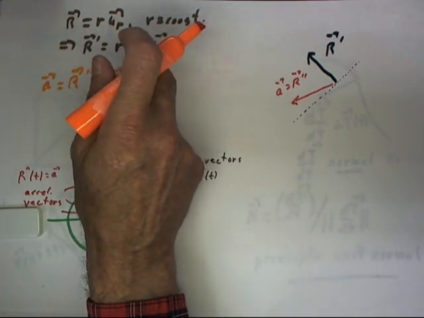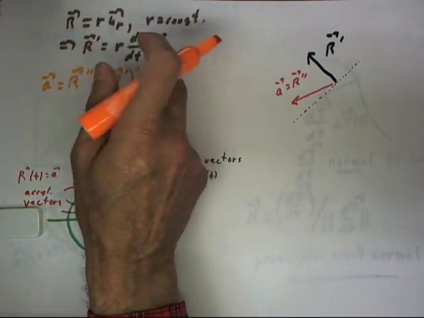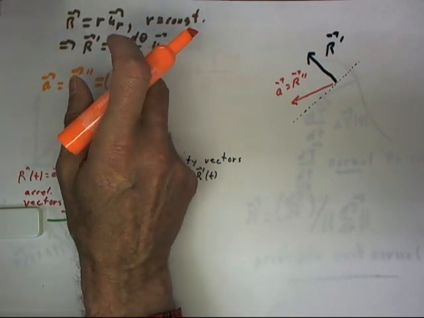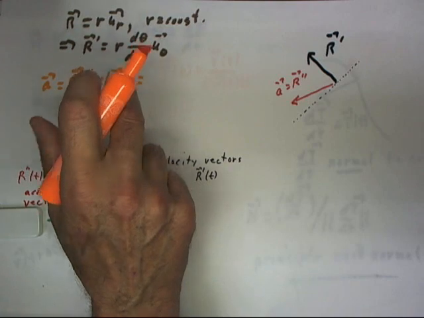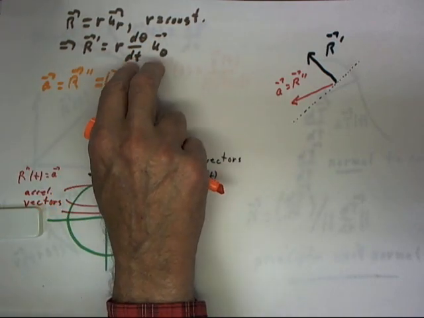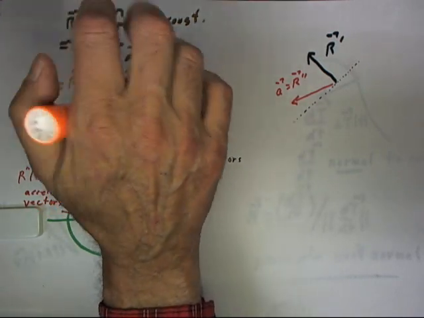So when we take the derivative of this, well, r is a constant. It's going to be a factor of every term of the derivative, but we're going to have to apply the product rule on these two functions of t.